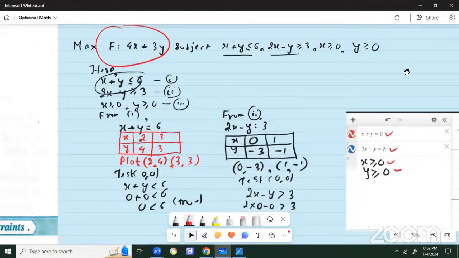So the solution region always lies in the first quadrant if these two linear inequalities are given. Are you convinced with this one? x greater than or equal to 0, y greater than or equal to 0 happens only in the first quadrant. Do you agree at this point? Is it in the first quadrant?